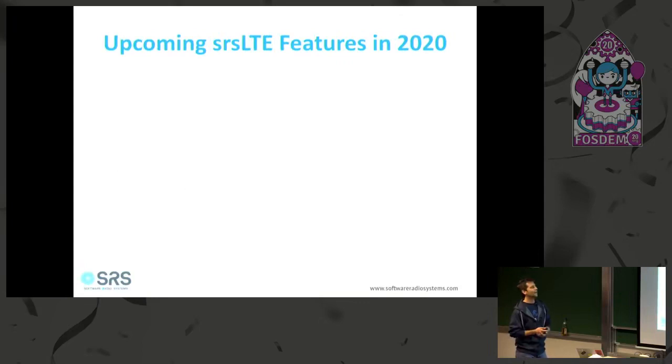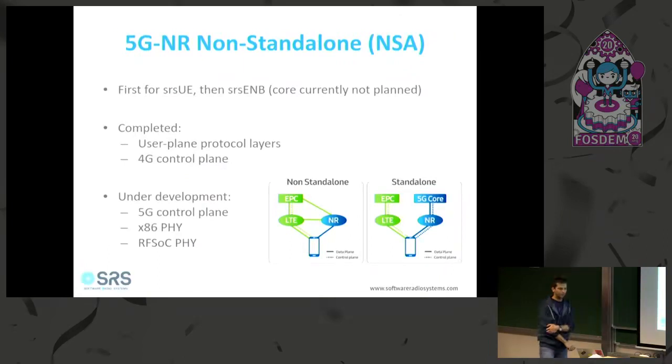I don't know. Okay, so what are the upcoming features for 2020? We will add more 5G NR stuff for sure. Something that we are looking at is NSA, non-standalone mode. All deployments that are currently out there are non-standalone, which means that you always have a 4G carrier that serves as an anchor, and all the control and signaling always goes over 4G. The NR is just to offload and to provide higher throughput essentially, and it only supports the data plane.